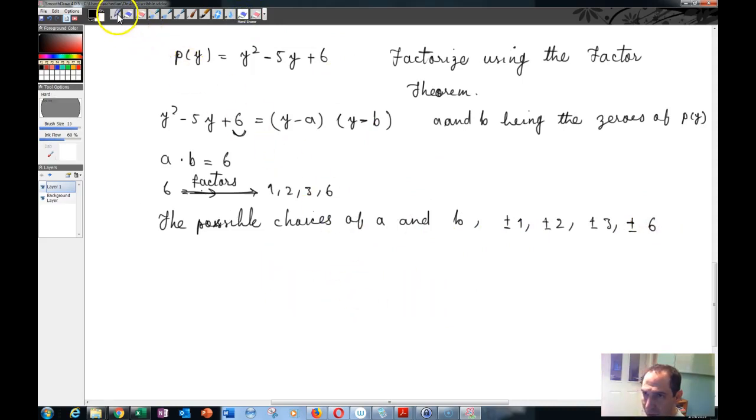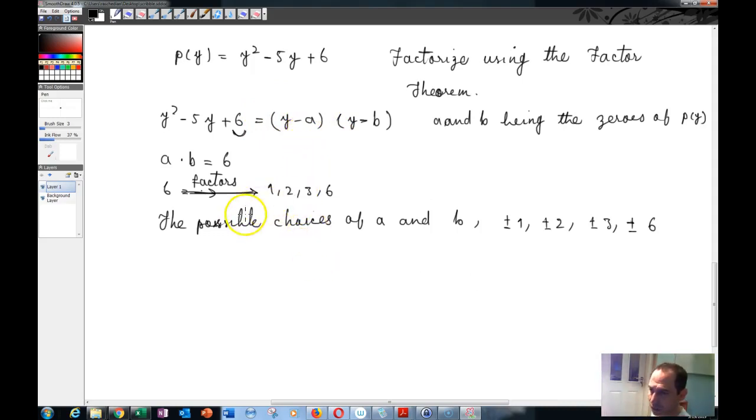Once you have that figured out, based on the factor theorem, if y minus a is a factor of this polynomial, then P of a has to be equal to 0.